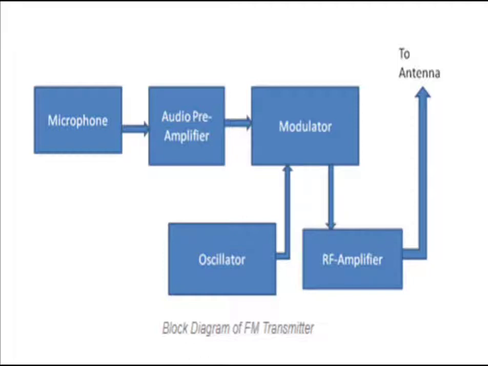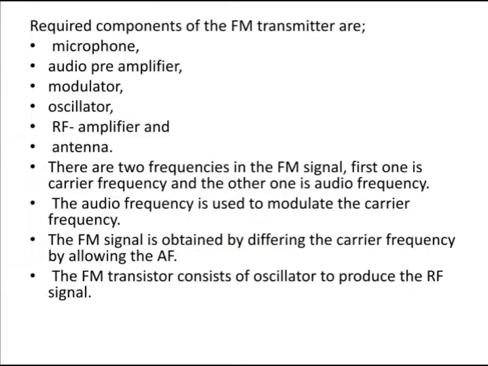The oscillator produces the carrier signal which is required for the modulation process, and after modulating, it is transmitted to the antenna via an RF amplifier, which is a boosting stage for the output of the modulator. It amplifies the RF signal, okay, and gives it to the antenna. These are the block diagrams of the frequency modulation transmitter.